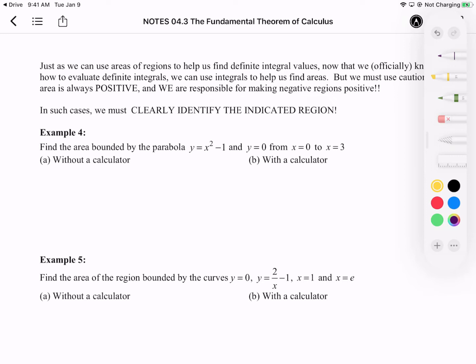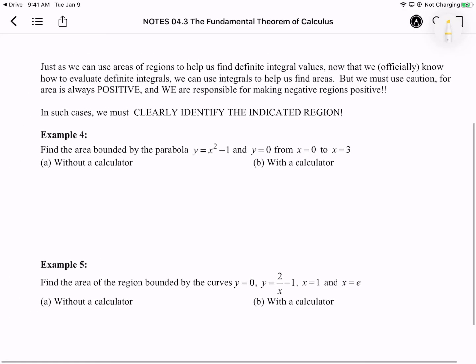So we're going to find areas actually using definite integrals. Okay, but we have to use caution because we know area is always positive, right? We know this, area is positive, and we're responsible for making negative regions positive, okay? So we need to identify what are our positive regions, and more importantly, we need to identify what are our negative regions so that we can turn them positive.